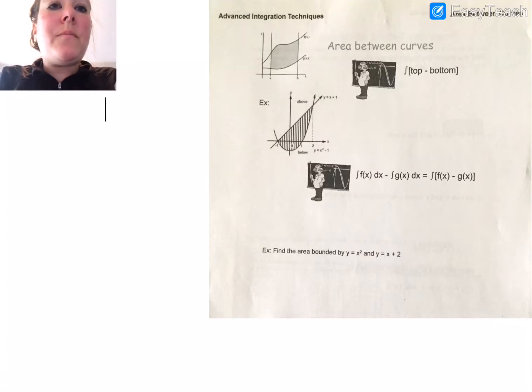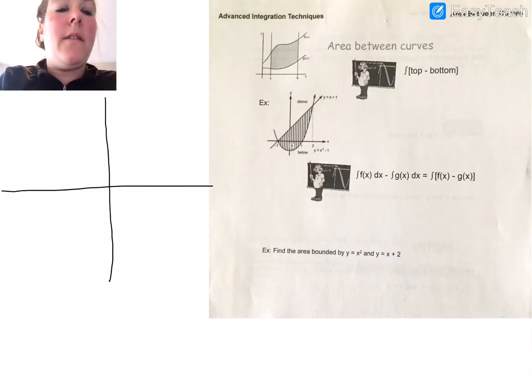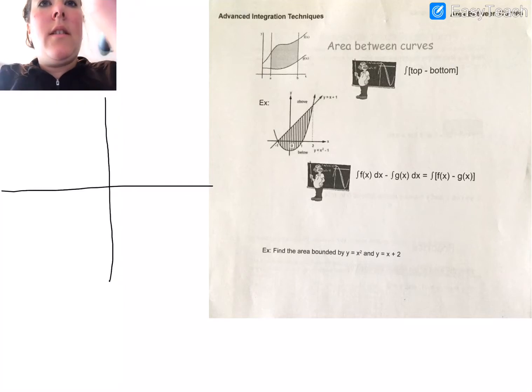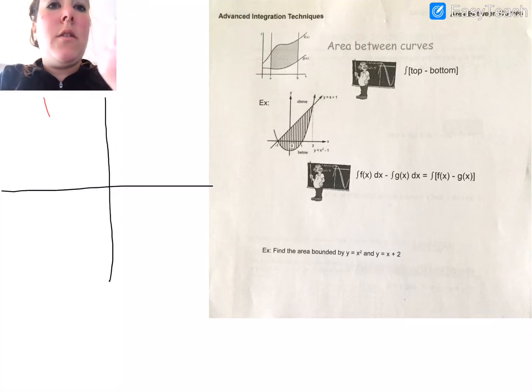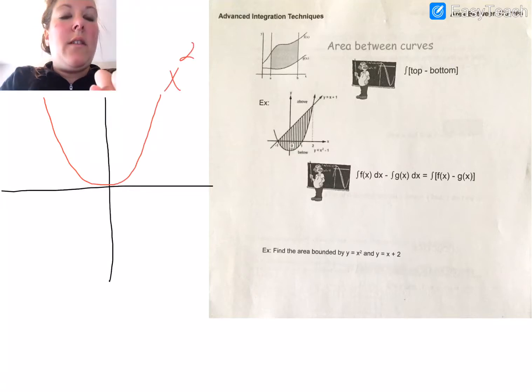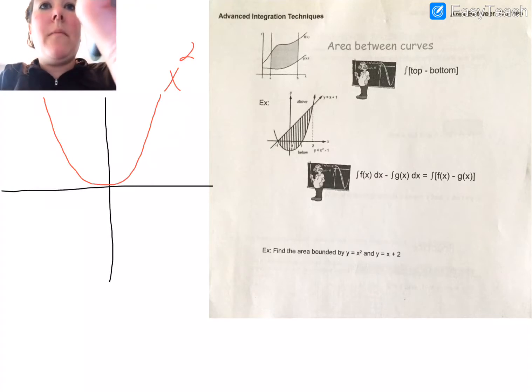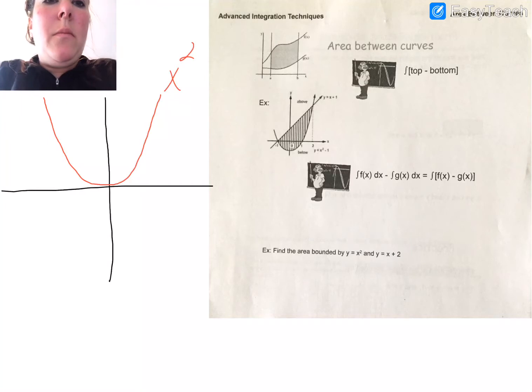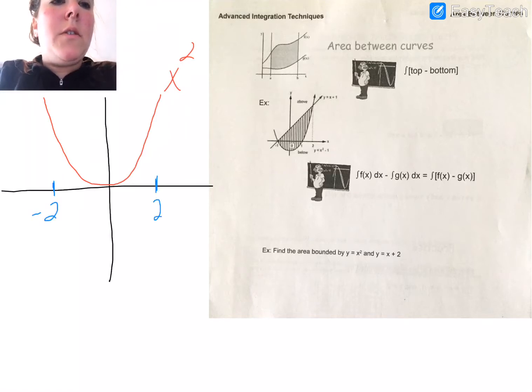So let's say I have a quadratic function, and we'll make this real basic, x squared, and let's say further that I wanted to find out what the area under that curve is, and let's go from -2 to 2.